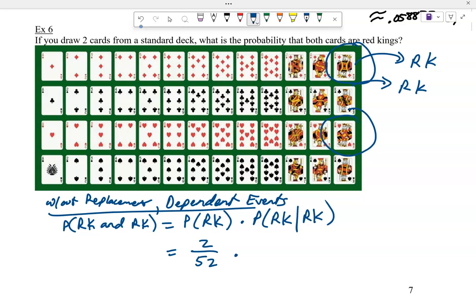Now let's say we pulled the king of diamonds. So that one's out, right? I pulled that one already. Let's make it go away. So what's the probability of pulling another red king? How many are left? 1 winner is left. 1 red king is left, but I have 1 less card in there. I only have 51 cards left to choose from, right?